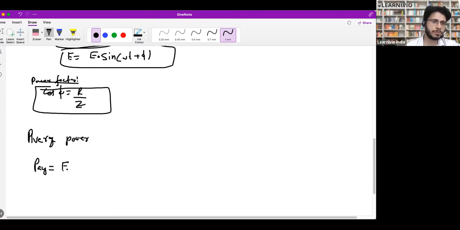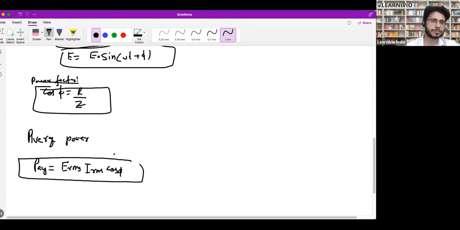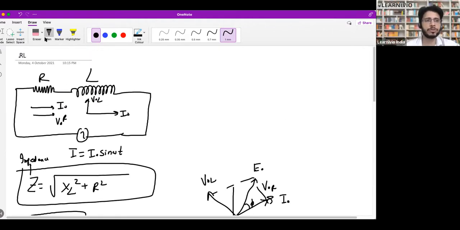P average is simply the product of E RMS, I RMS into cos phi. So if you know the LCR circuit, you know all other circuits. In RL, put XC equal to 0. In the next, the RC circuit, put XL equal to 0.